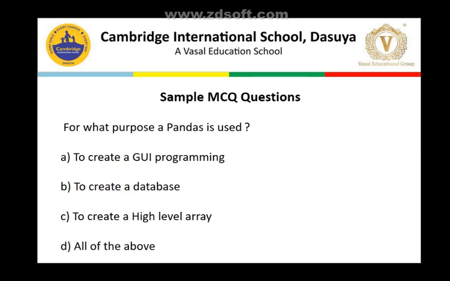Clear, we are using series, we are using lists. They are all one or another form of an array only. So the third option, to create a high level array, is the right answer. And option D is all the above. Since A and B are not the right answers, all the above cannot be the right answer under any circumstances.